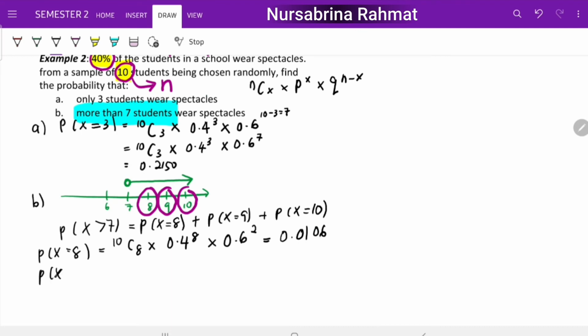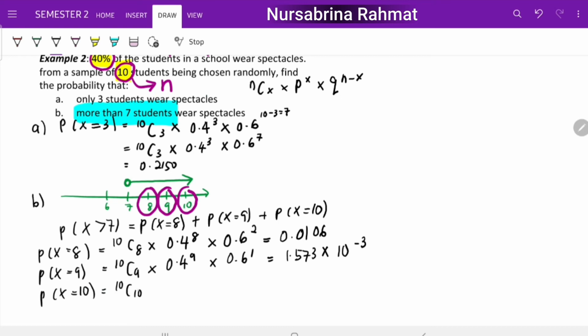When your x equals 9, the equation becomes 10C9 multiplied 0.4 to the power of 9 multiplied 0.6 to the power of 1, which the probability turns out to be 1.573 multiplied 10 to the power of negative 3. Okay, so when your x equals 10, it's 10C10 multiplied with 0.4 to the power of 10 and 0.6 to the power of 0. And it becomes the probability to be 1.049 times 10 to the power of negative 4.